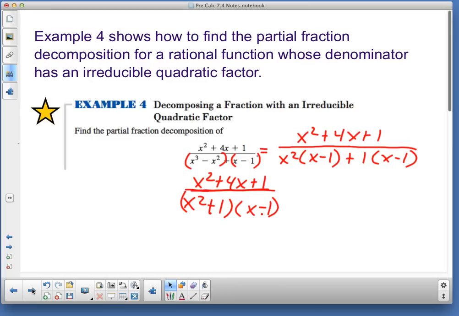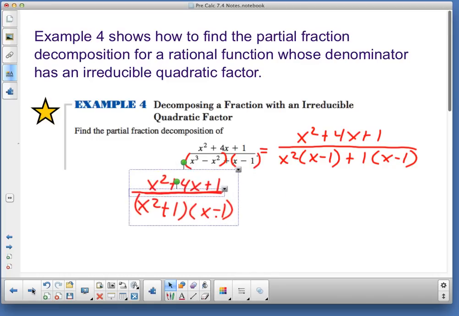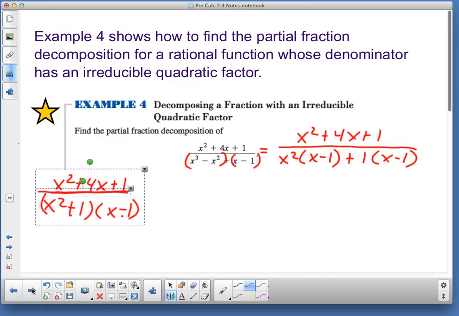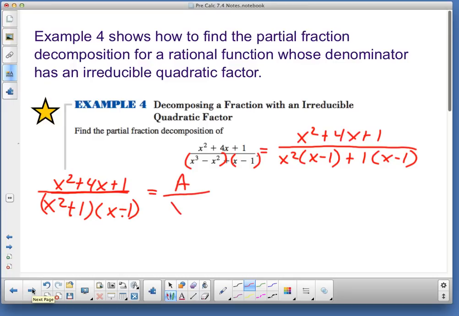As we go through here, I'm just going to pull this over and set up our problem. To set this up, I have my linear factor, and I'm going to put A with the linear factor. And I have an irreducible quadratic, so I need a linear expression on top.